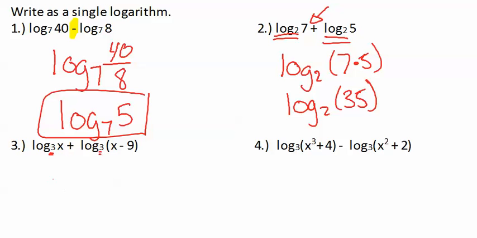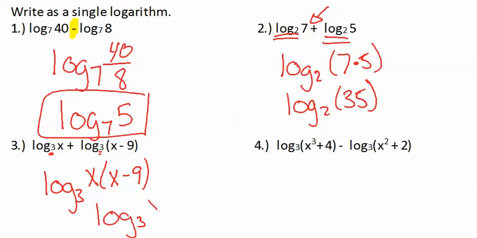It's a base of 3. So we're going to do log base 3, and because it's addition, we're going to multiply. This time though it uses variables. So we're going to do x times the quantity x minus 9. We'll go ahead and distribute that. And so you will get log base 3 of x squared minus 9x.